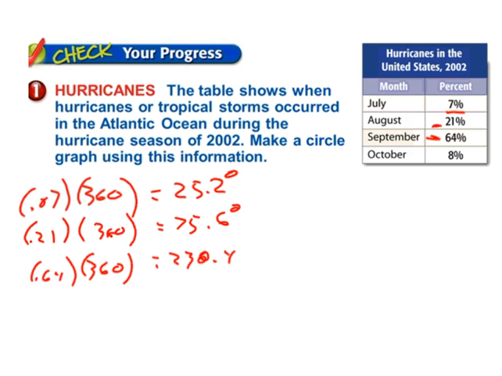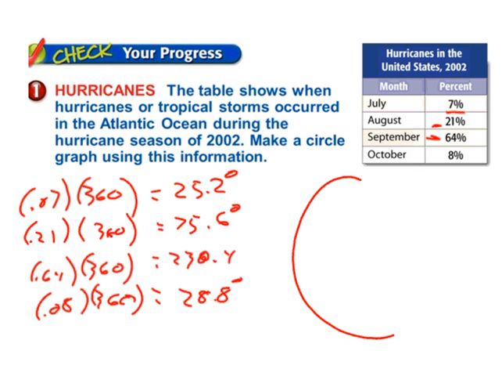And the last area, which is 8%, would be 0.08 times 360, and we would get 28.8 degrees. So again, a quick sketch. I'm going to divide it up into quadrants.